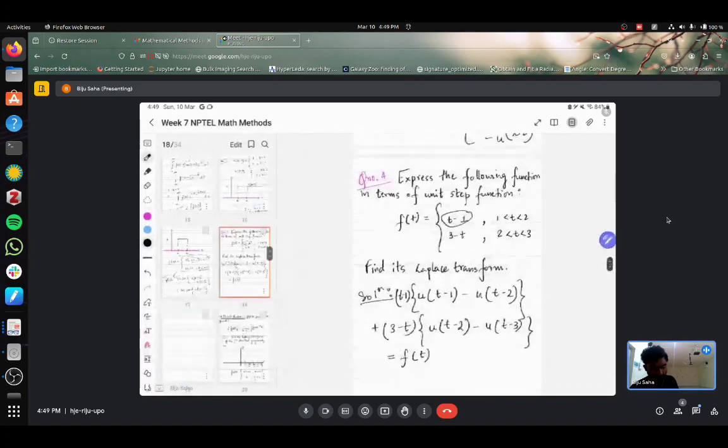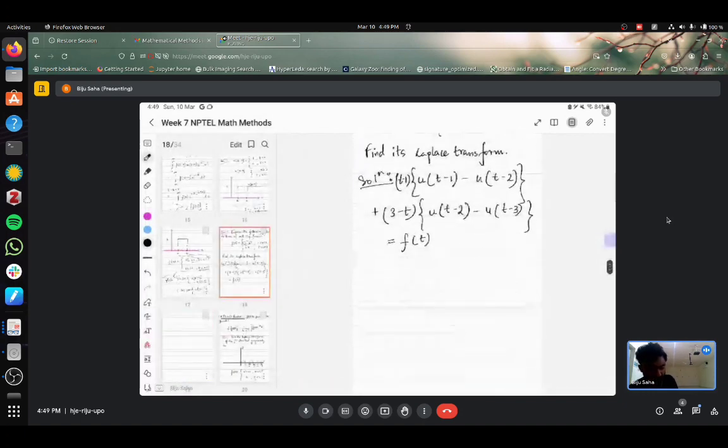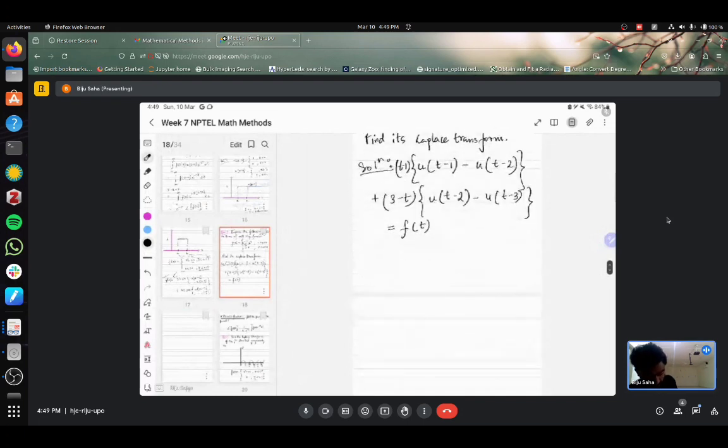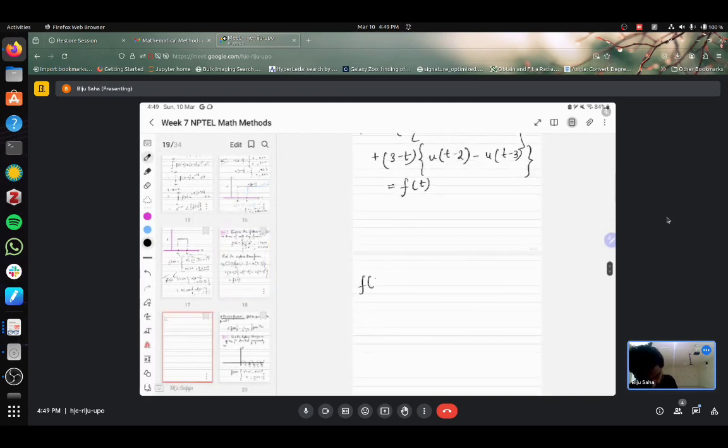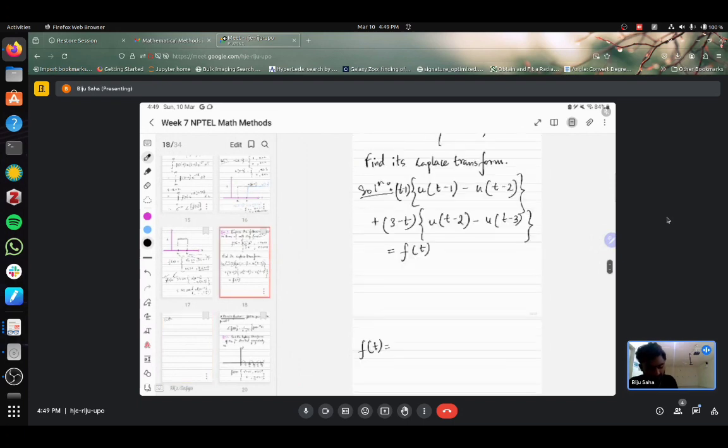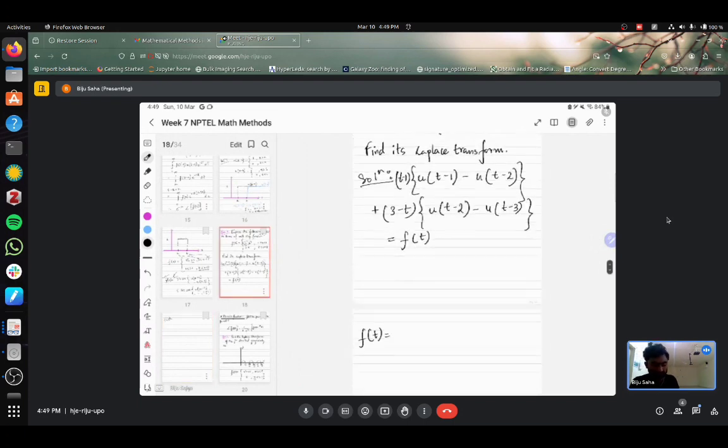Now let us find the Laplace transform. It will be very easy to find because we have already expressed it in terms of unit step function. Let us simplify this a bit, because some terms will get cancelled.